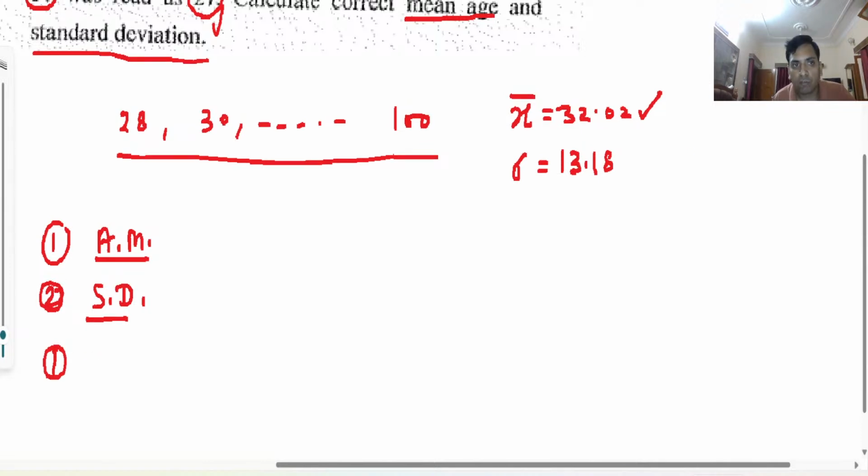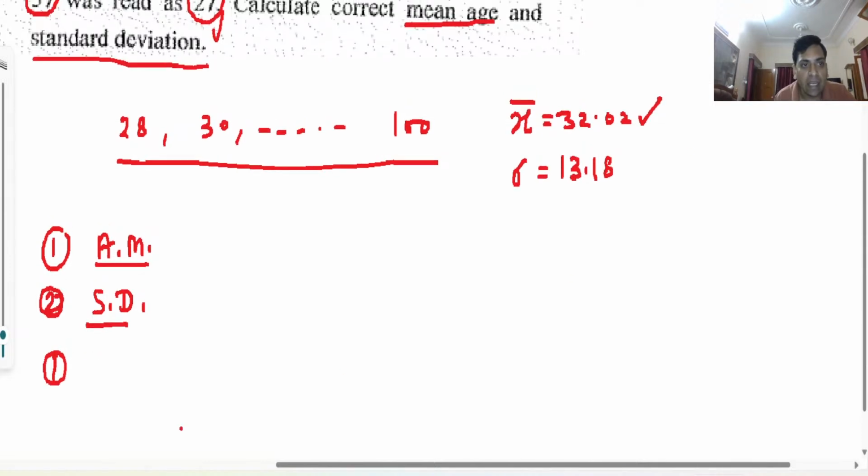Now first we will find the incorrect sum of observations, first task.